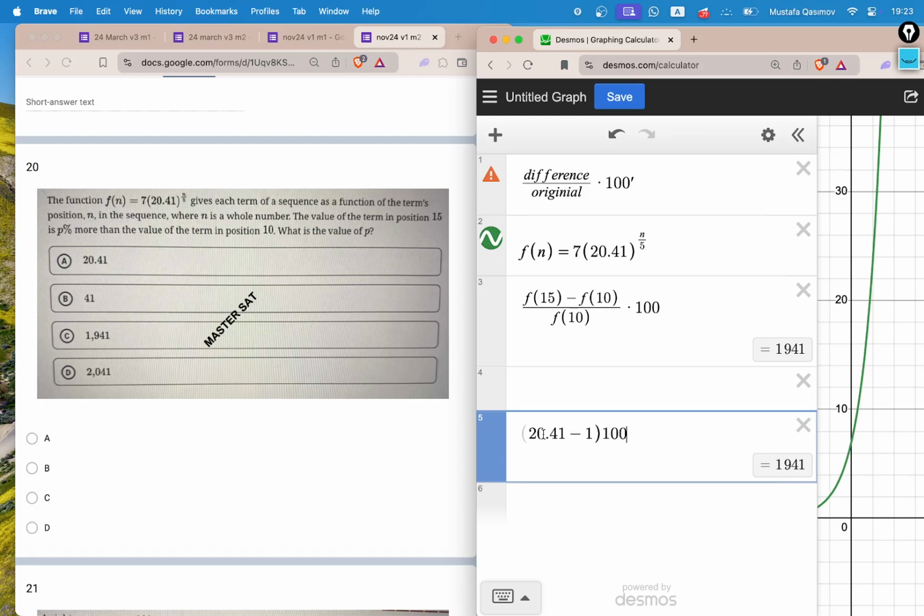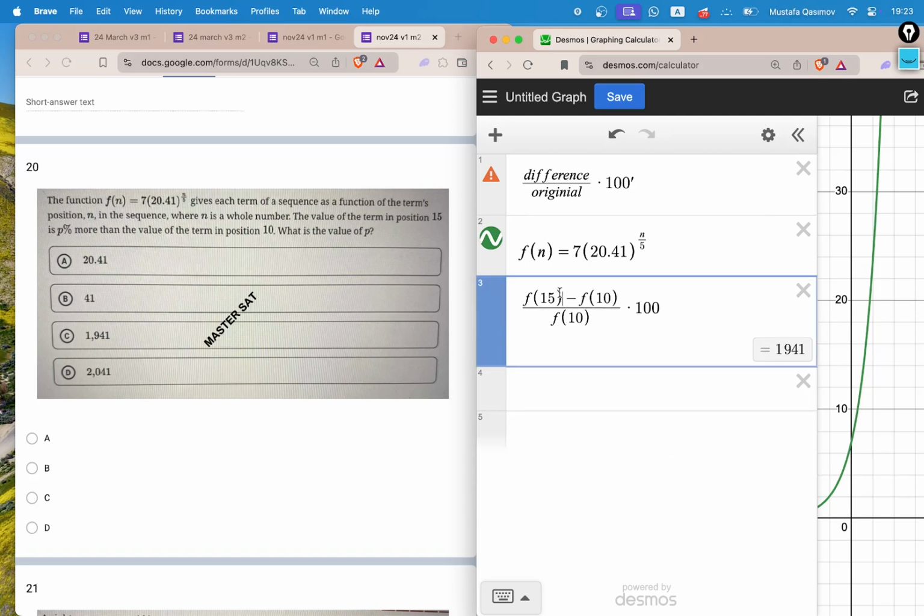But if it says, for example, the value of 20 is p% than 10, then you have to use that one. It's correct for every case. So if it is 20, it will be a different number. If there's a 5 difference between them, it will always be the same, because this is n over 5.